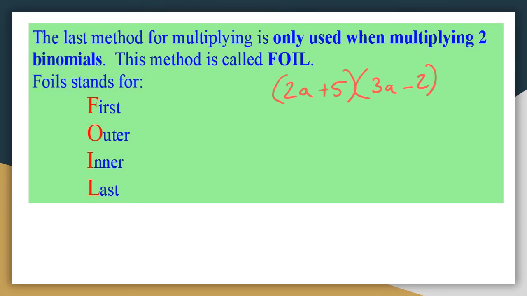Now, this FOIL method, F-O-I-L, stands for first, outer, inner, last. And like I said, this isn't really supposed to be taught because some students will think that's the only way you can do it. If we don't have two binomials, we can't multiply. Or, oh no, all of a sudden I've got a trinomial, like 2a to the third power plus 5a minus 2 multiplied by 3a minus 2.